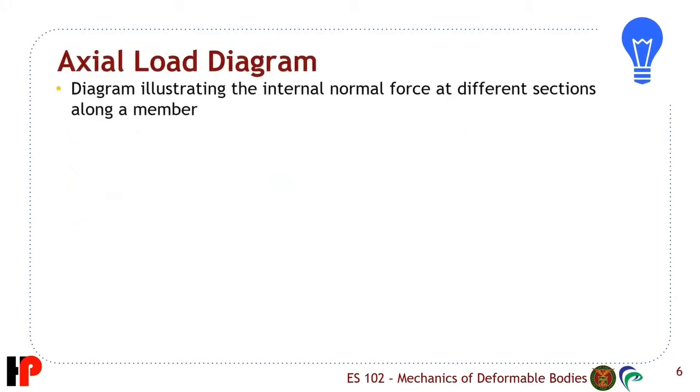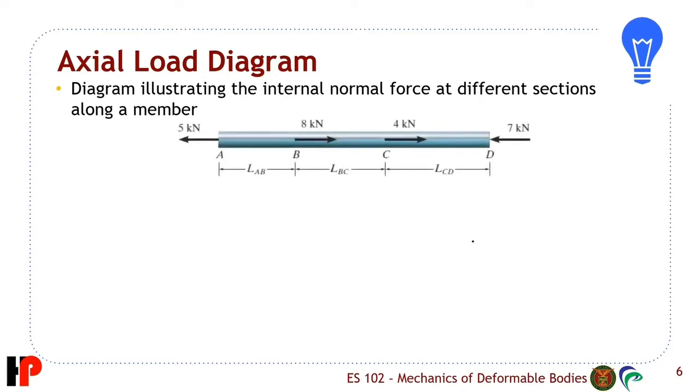So we can proceed to the concept of the axial load diagram. The axial load diagram basically illustrates the changes in the normal force. For example, you have here a bar. The tip is, when you use a reference point, just stick to it. Wherever you cut, always look at the same side.